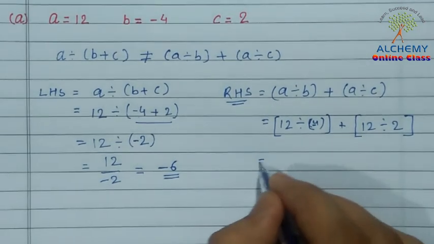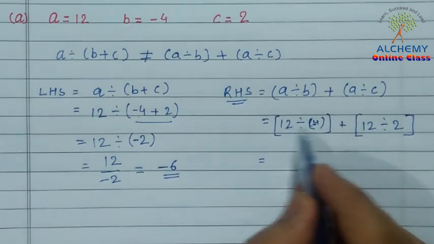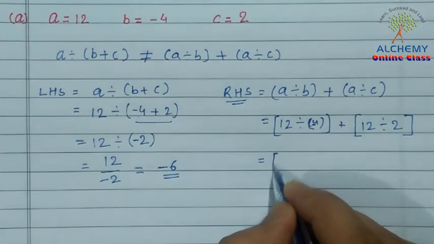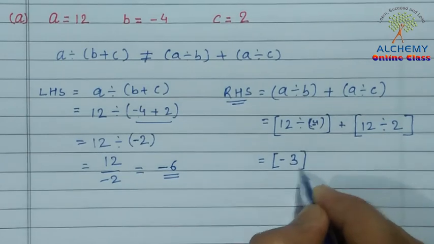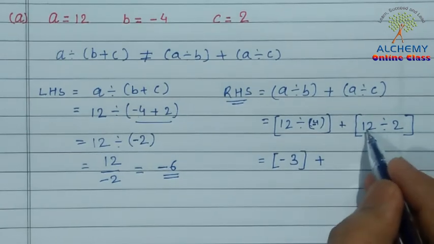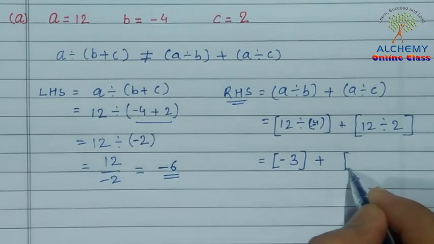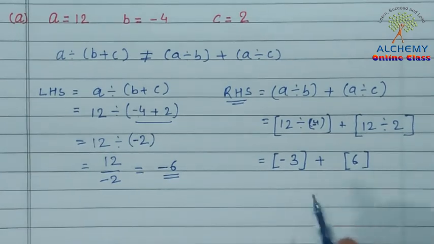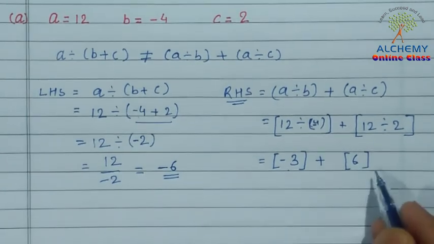When 12 is divided by -4, we get the result -3, plus, and when we divide 12 by 2, we get the result 6. So now we have -3 plus 6 here.